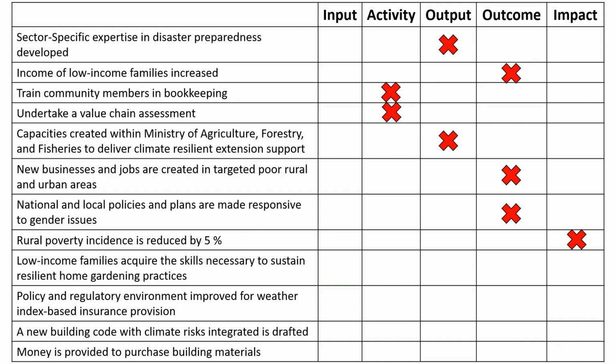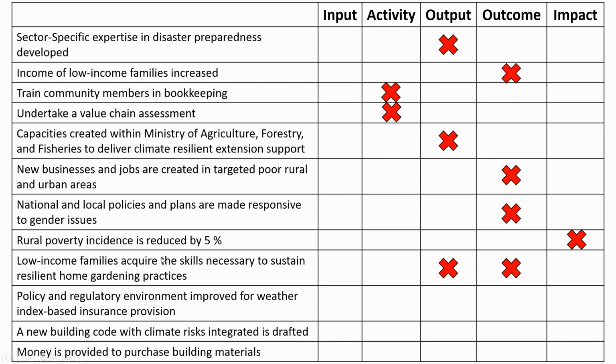Usually this is something that you may see in a 5-year plan for a government or for a Ministry of Rural Development or something like that. And in most cases, this is not something that one project can do by itself, unless it's in a small village or in a small area. But in this case, we're going to say it's an impact.